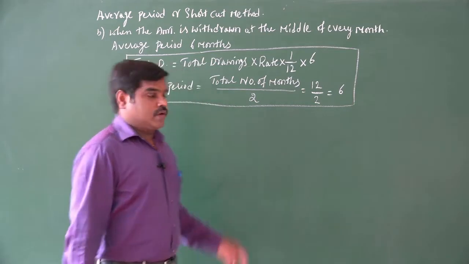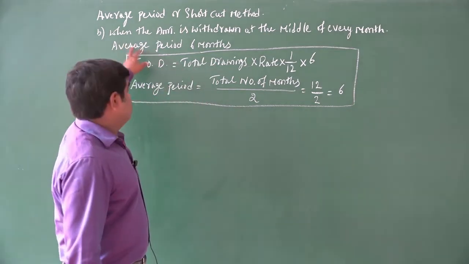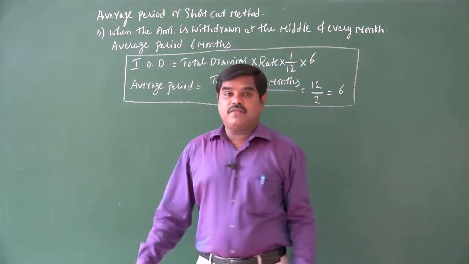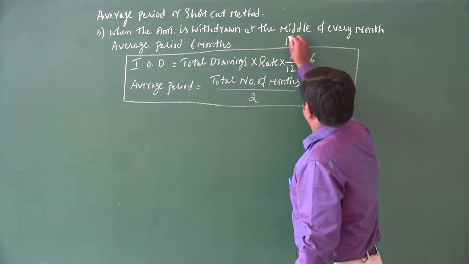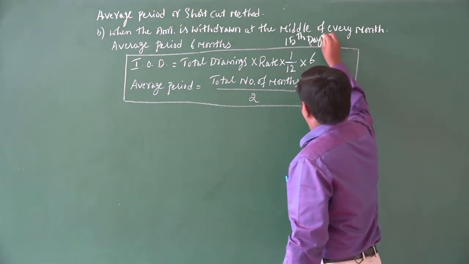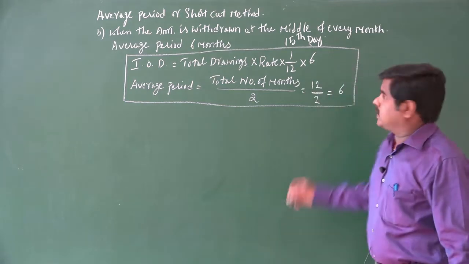Next, we will go to the second method of the average period method, when the amount is withdrawn at the middle of every month, in the sense the 15th day of every month. What is that 15th day of every month?